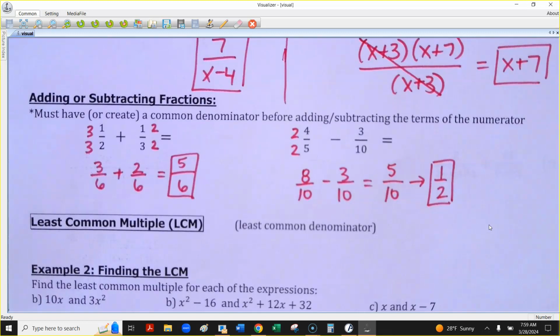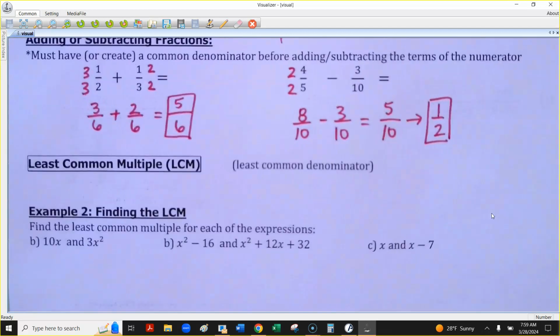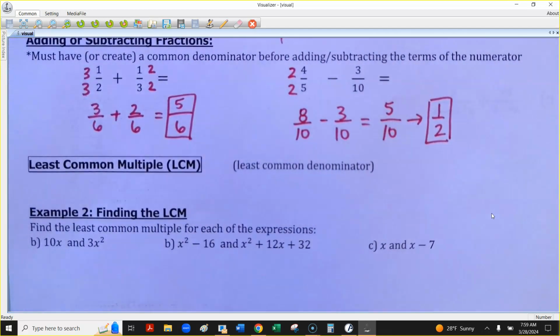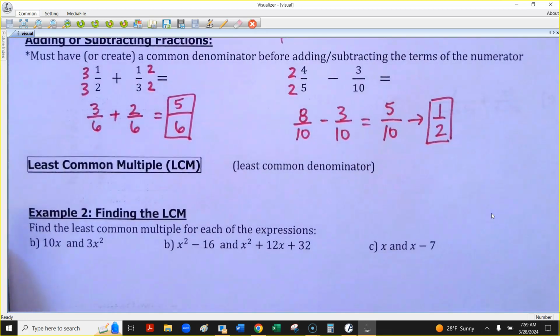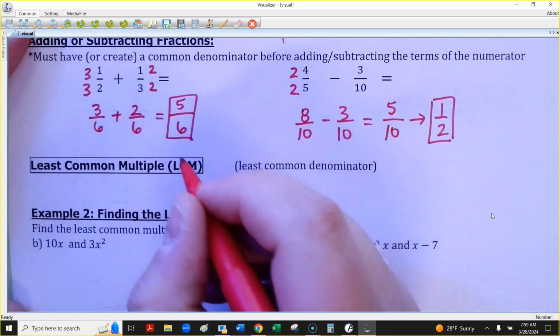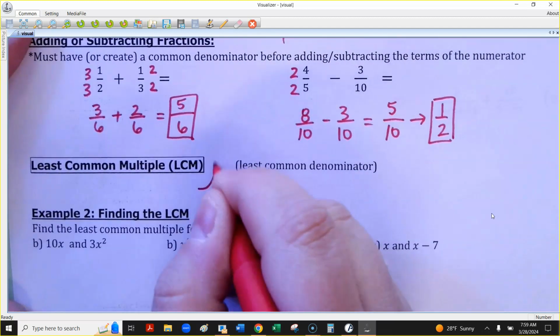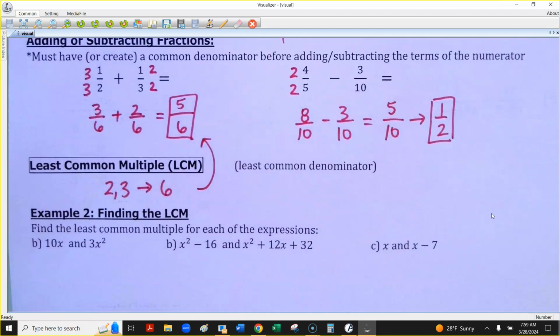Okay, now what we call the least common multiple, which I really like to call the least common denominator, because that's what it really is when you do these problems. So in the 2 questions above, the least common multiple between 2 and 3 was 6, right?